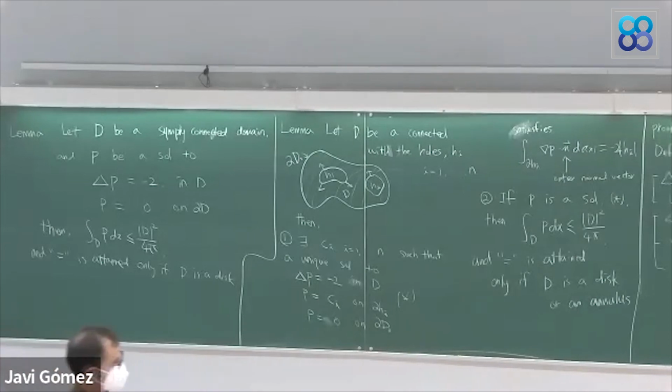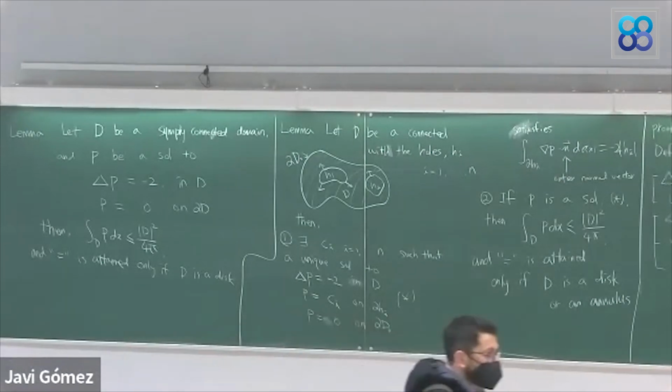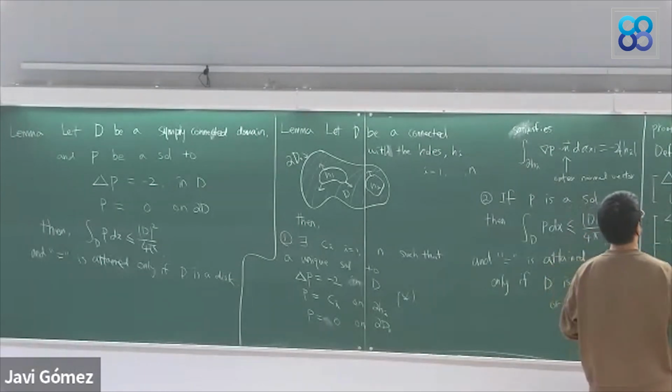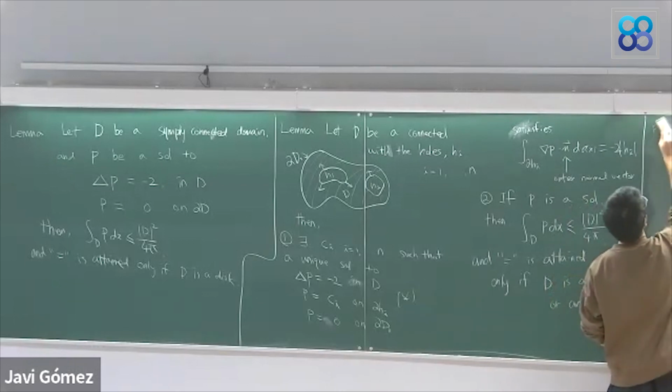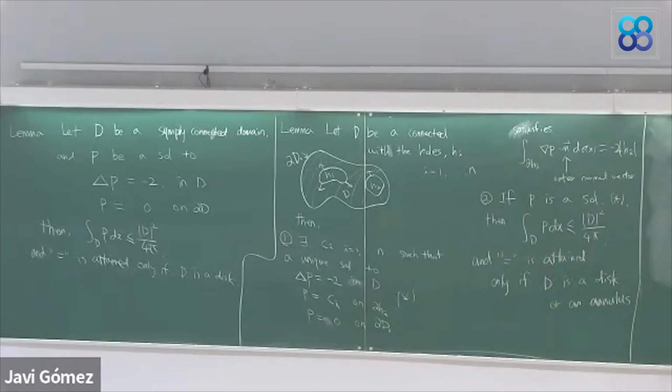So we have the summation of i from 1 to n of the integral of hi grad vj times n dσ, right? Any questions so far?